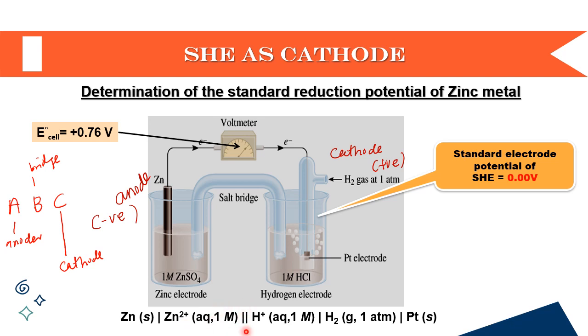The salt bridge, and here the process that will occur at your SHE over here is H plus to produce H2 gas, and then the electrode is your platinum electrode. Okay, so now let's take a look at the full equation.